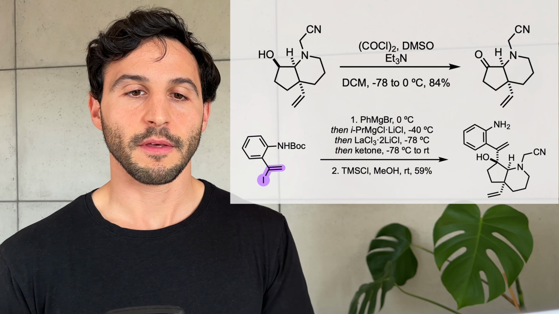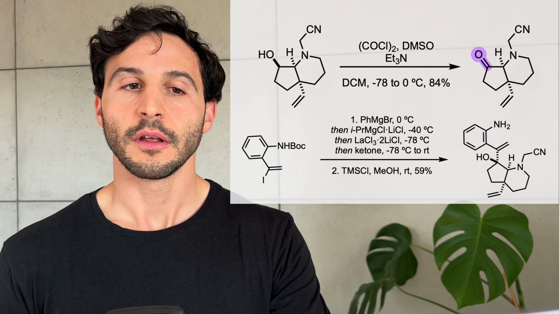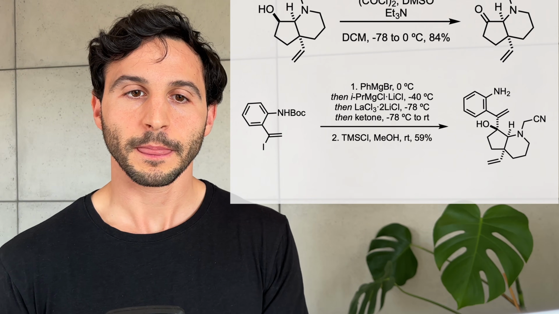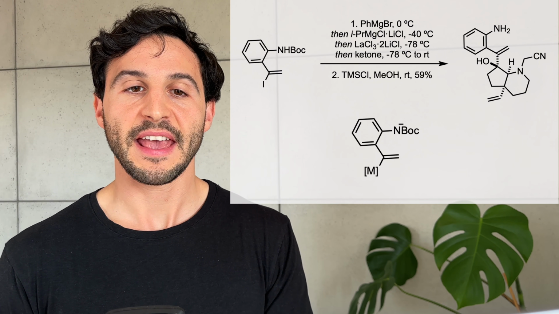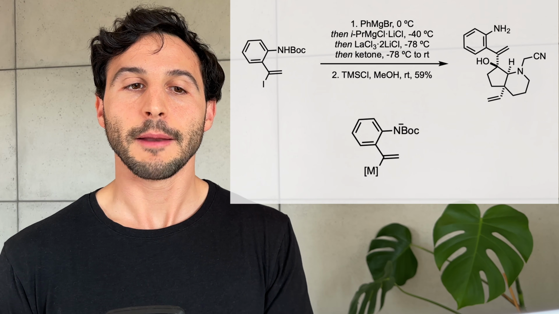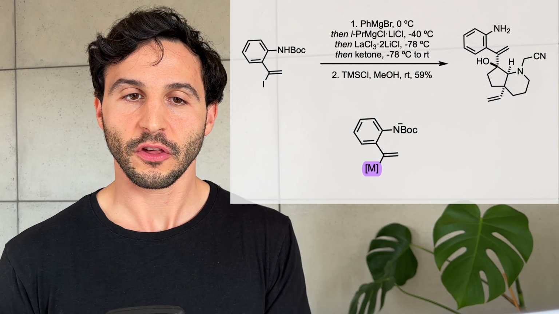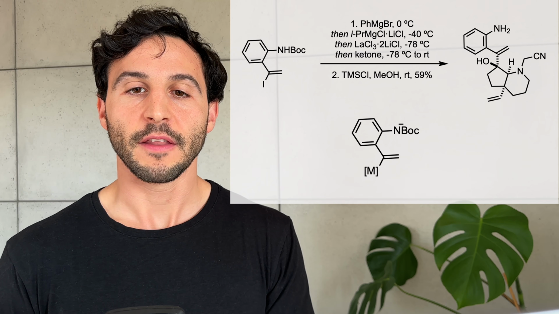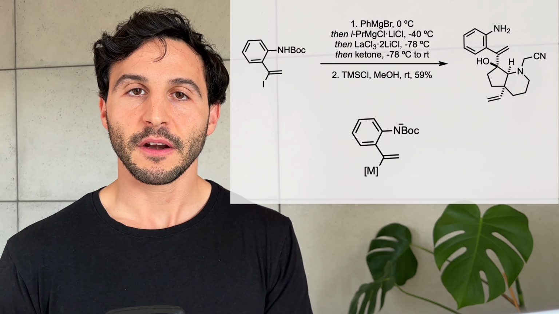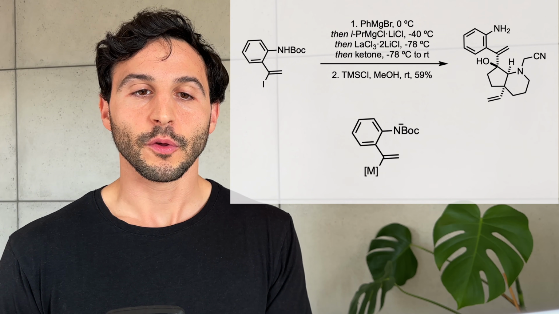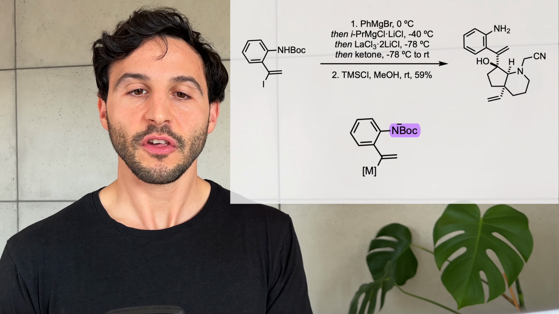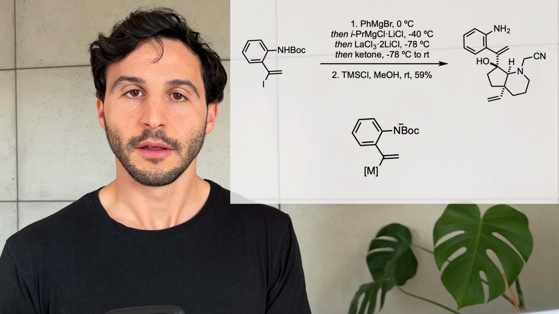The 1,2 addition of the vinyl iodide to the ketone is not straightforward. Ultimately, the reaction proceeds through the generation of a dianion by deprotonation and magnesium-halogen exchange, followed by subsequent addition to the ketone. Under these optimized conditions, phenyl magnesium bromide is used to deprotonate the NH of the vinyl iodide.